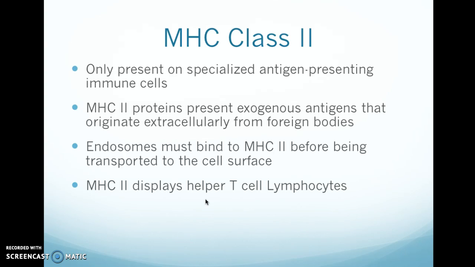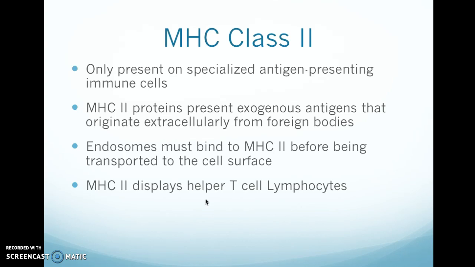And then MHC1 presents antigens to cytotoxic T cell lymphocytes, and then MHC2 presents antigens to helper T cell lymphocytes. So MHC1 is cytotoxic T cell, and then MHC2 is the helper T cell.